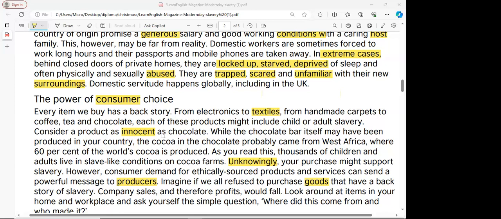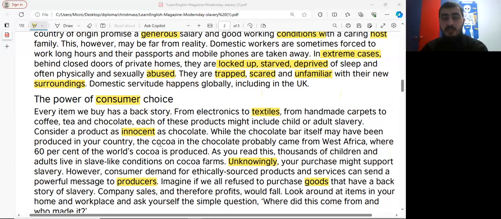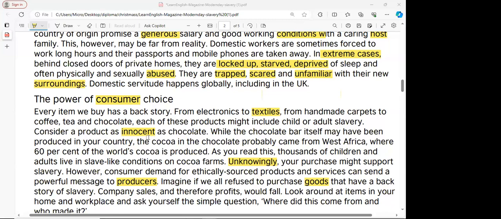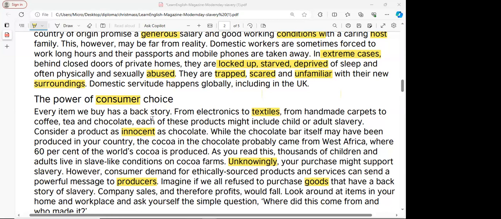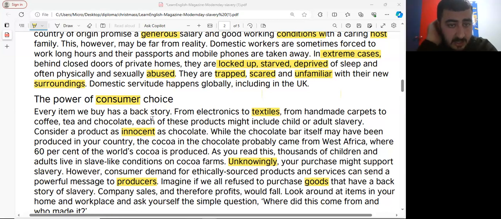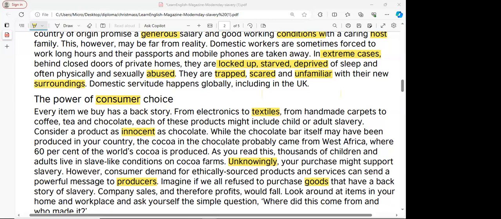Innocent. شو يعني innocent؟ إذا قلت لك عكسها guilty. Guilty مذنب. Innocent، إيش؟ بريء. براءة أو بريء بالضبط.